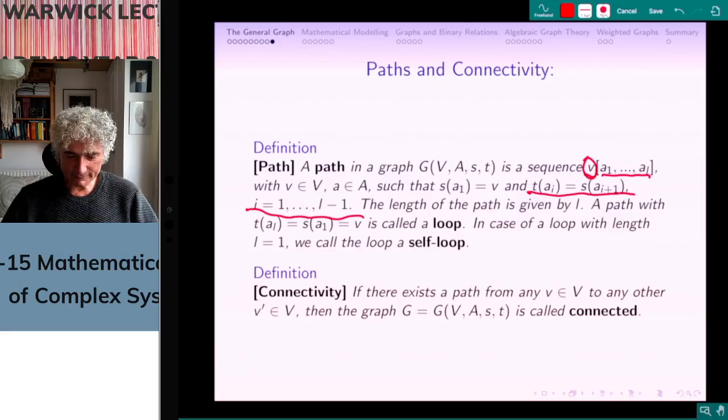And then we also have to introduce loops. A loop is a very interesting construction, because what we require here is that we have a path that goes back to its original starting vertex by going through all the different arrows. And of course it can even be that such a loop has only length 1. In this case we call it a self loop.